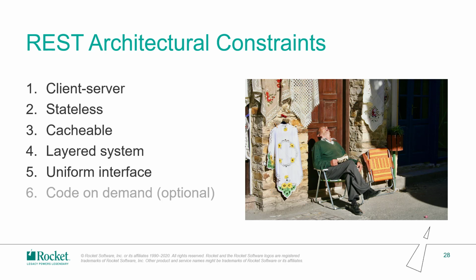So let's take a quick dive into the architectural constraints of REST. Again, these constraints are in place because they're intended to help your web API act the way the web acts, behave the way the web behaves, so that your API goes with the grain of the web instead of against it. So the first one is client server.